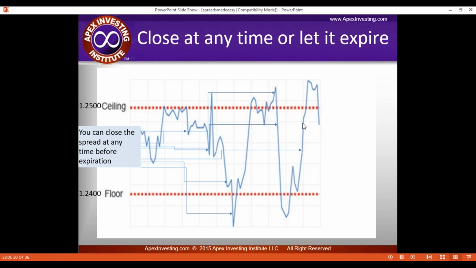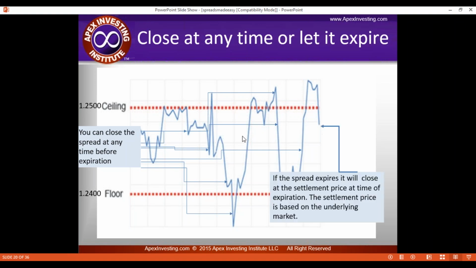And granted, it did come back up again, but then I left it till expiration, so it expired down here about 24.80, say. So I bought at 24.10, it expired at 24.80. I still made 70 bucks, so I'm happy. But I would have made more by closing it out at the top. Take my profit and run. Exactly, Sam. Okay? There's no reason once I've hit my max profit to leave this open, because I can't make any more. I should close that trade and look for another trade, right?